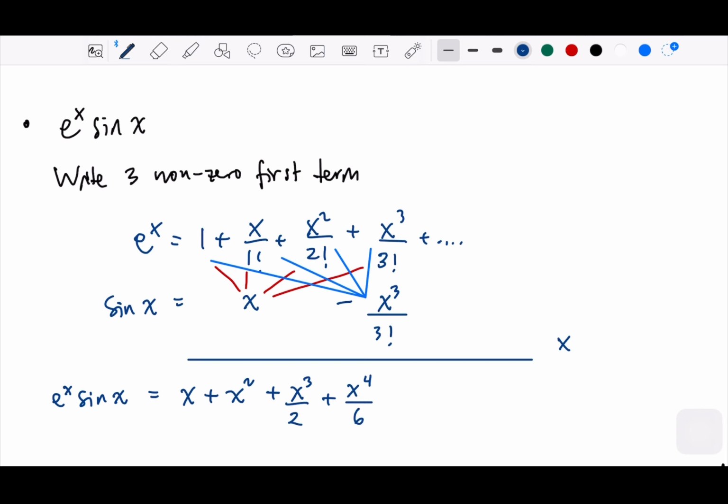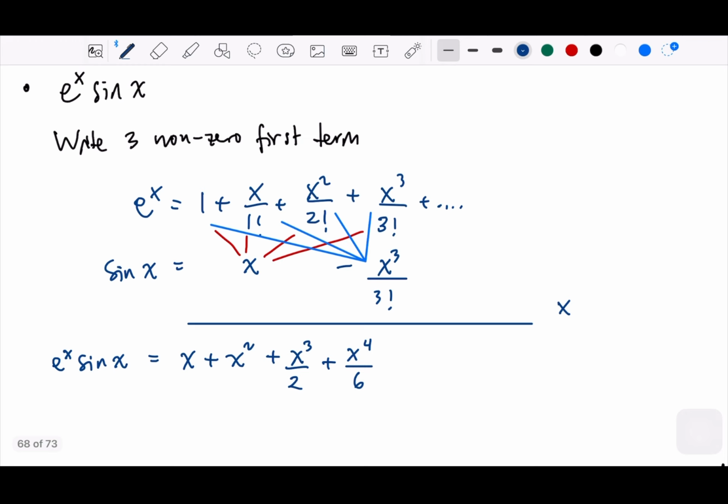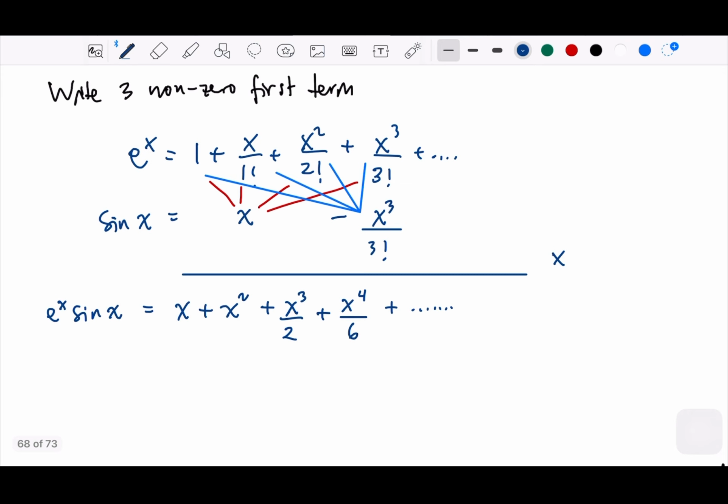Okay, that's the red line. And this is supposed to have dots like that, because it's actually having more terms. But let me just go through the light blue.